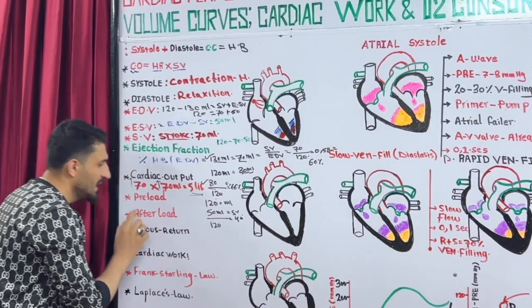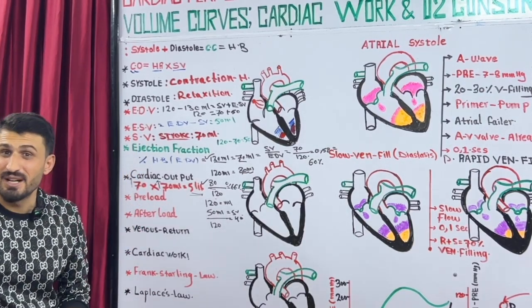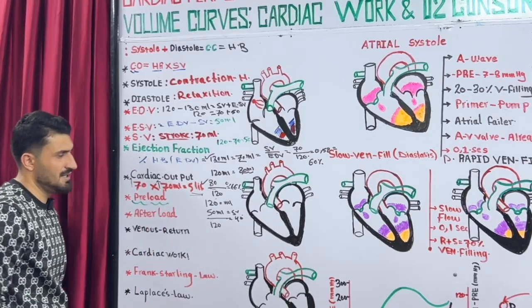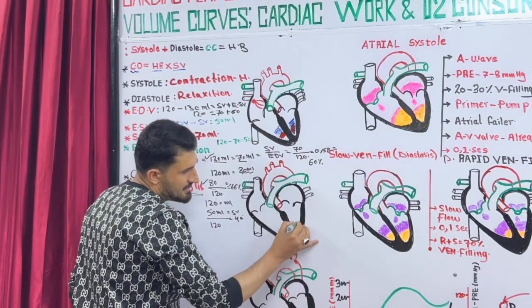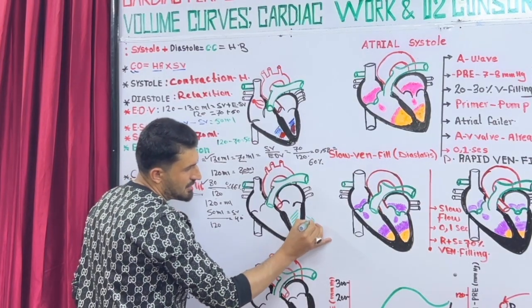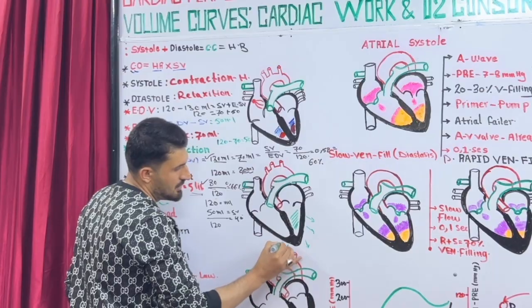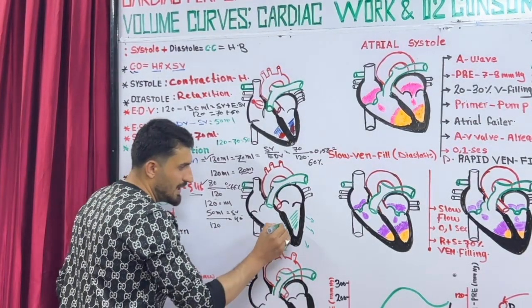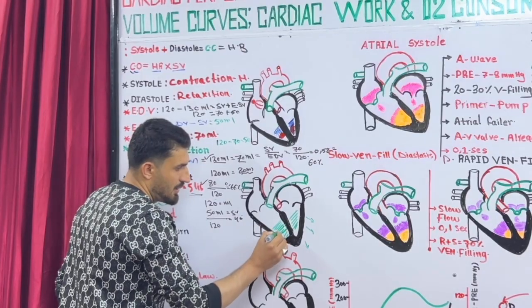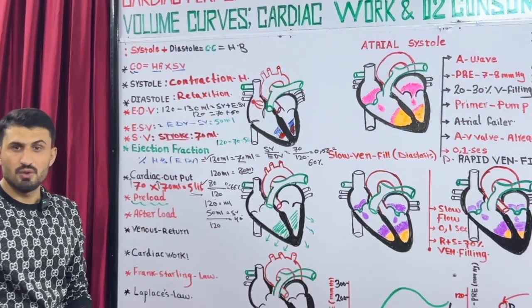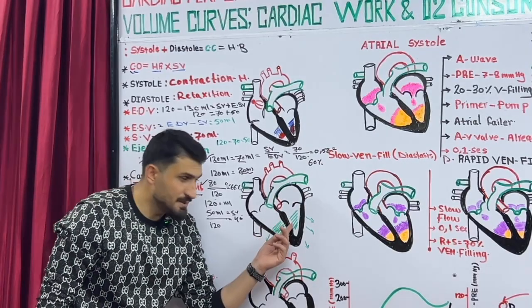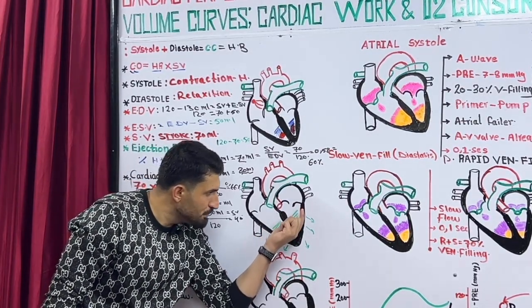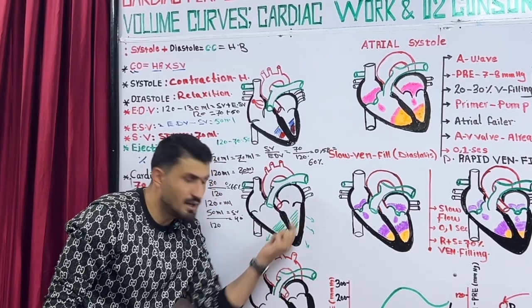Let me explain to you preload and afterload. Preload, very easy concept. Listen to me carefully. For example, this is the heart, and now the heart is during relaxation or diastole phase. Okay, so during diastole phase, I collect a lot of blood in the ventricles. Now this blood during diastole puts a bit of pressure on the walls of the ventricles.